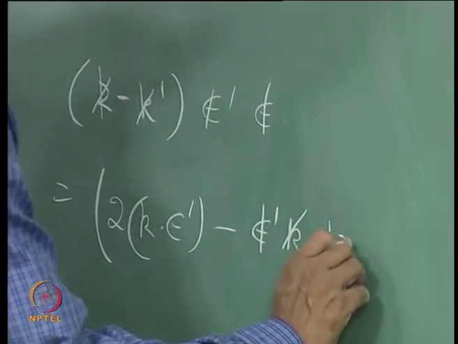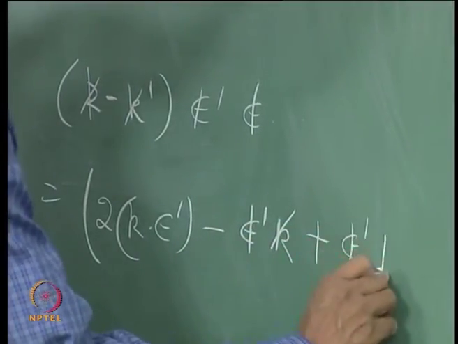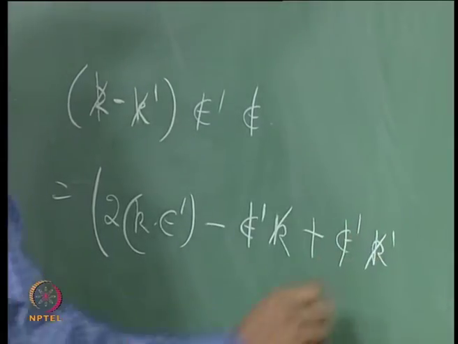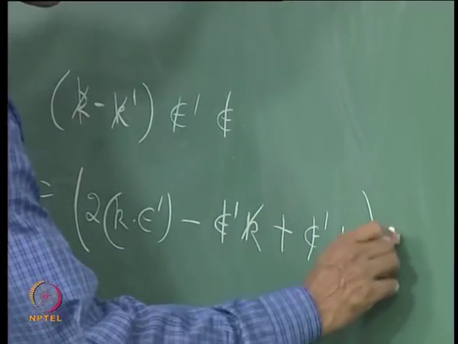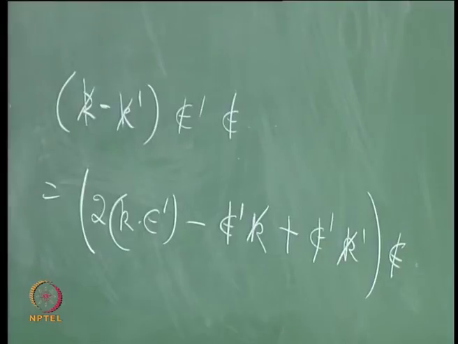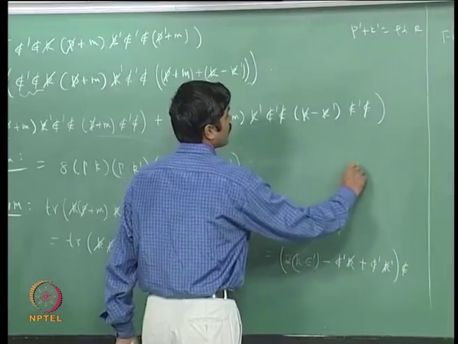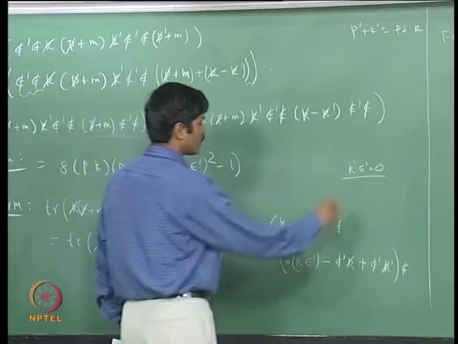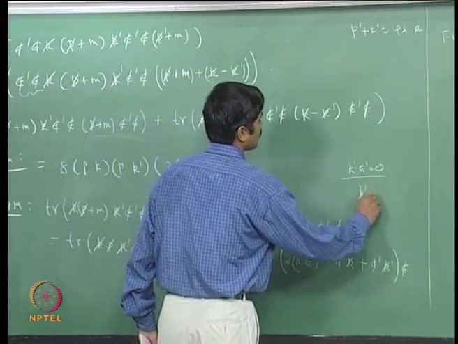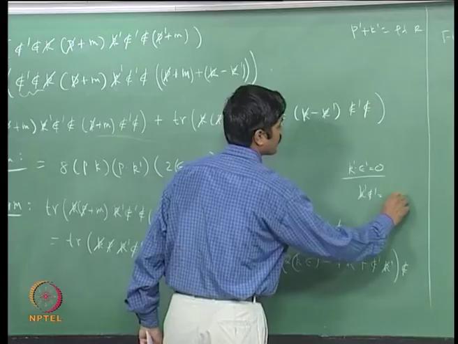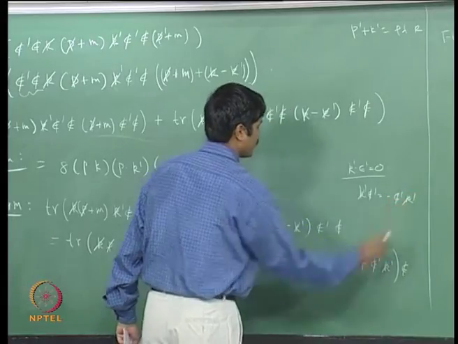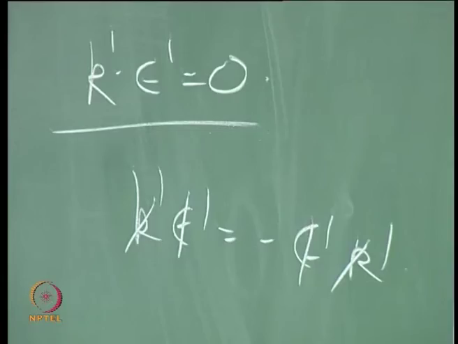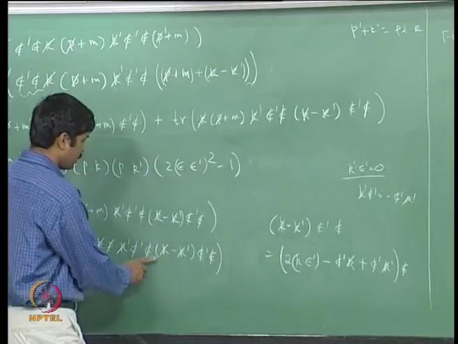So, this is epsilon prime slash k prime slash, the whole thing multiplied by epsilon slash, okay, because k prime dot epsilon prime equal to 0, we are considering transverse photons. Therefore, k prime slash epsilon prime slash is minus epsilon prime slash k prime slash. Okay. So, now this has to be inserted here.